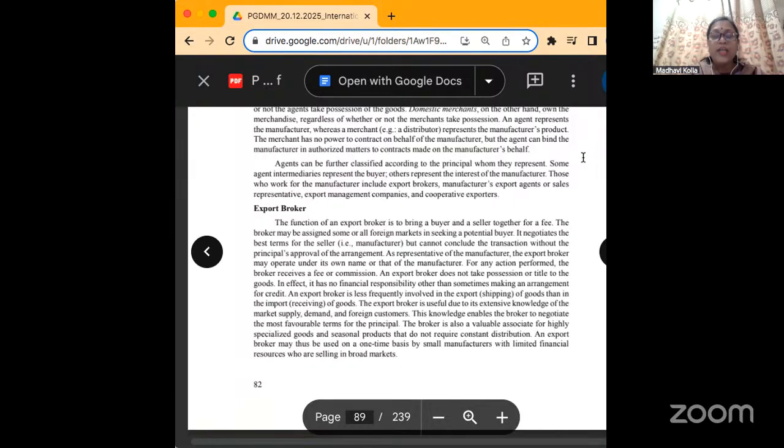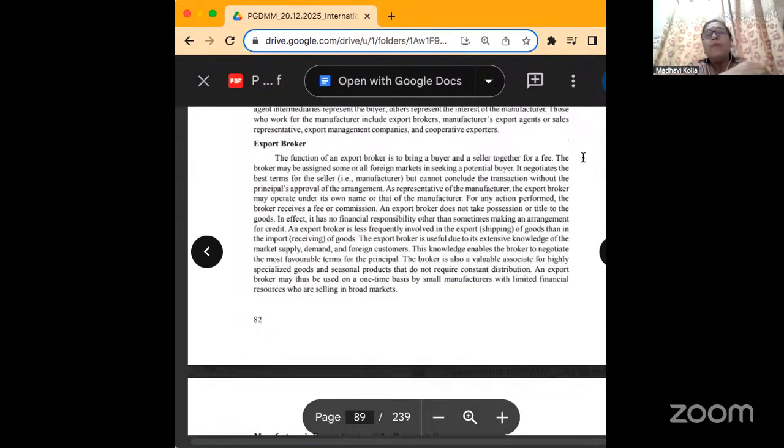Today, when we are talking in terms of export broker, the first one that we are looking at is what is the function of this export broker. So the function is to bring a buyer and a seller together for a fee, which is very, very self-explanatory, right? Now, when there is a buyer and there is an agent, but imagine a scenario where there's no seller, right?